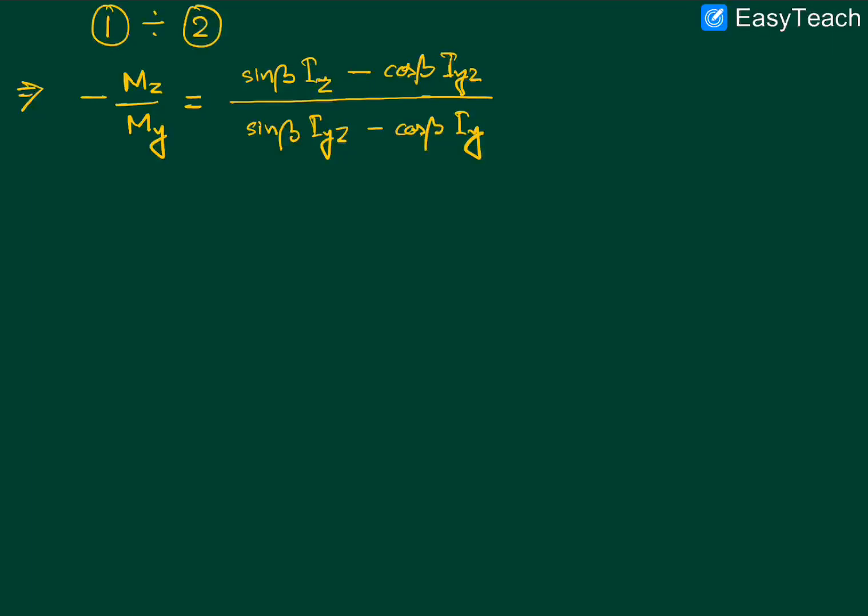So what we do simply here is to divide the right hand side throughout by cos beta to obtain tan beta Iz minus Iyz divided by tan beta Iyz minus Iy.